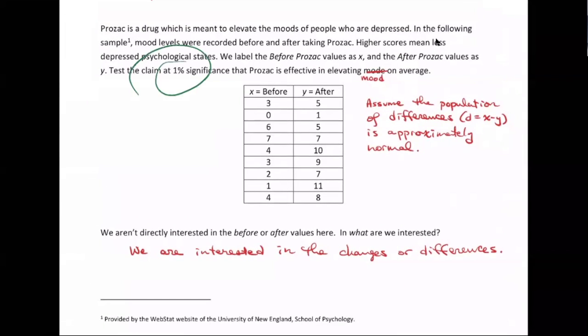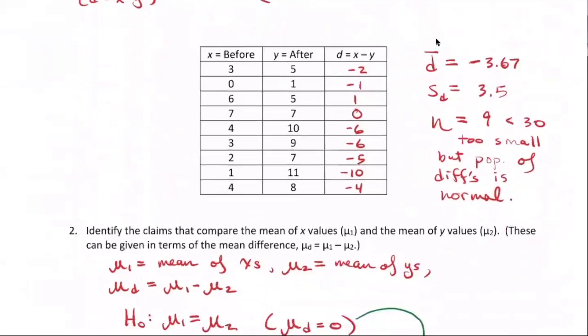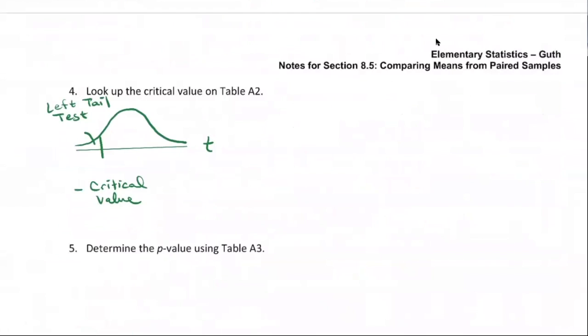It says 1% significance, and so the level of significance is alpha. Okay, so let's go ahead and we'll mark the area of that tail as alpha, 0.01. Okay, any questions?